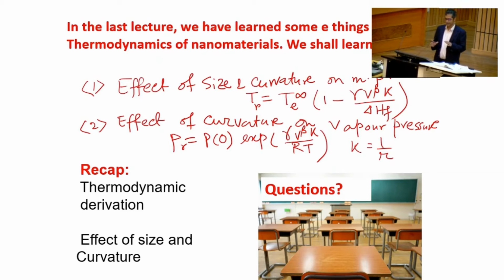Now, I want you to derive these equations from basic fundamental thermodynamics. And what is that? This is the fundamental equation which you should know: the total differential of Gibbs free energy, dG, is equal to V dP minus S dT, where P is the pressure, T is the temperature, these are the set variables, V is volume and S is entropy.